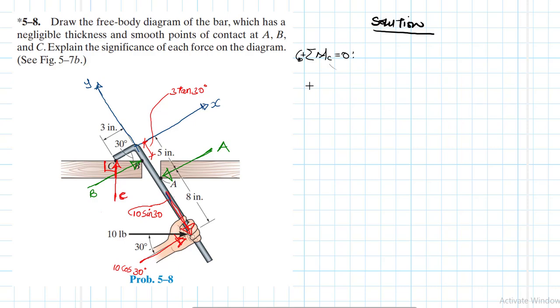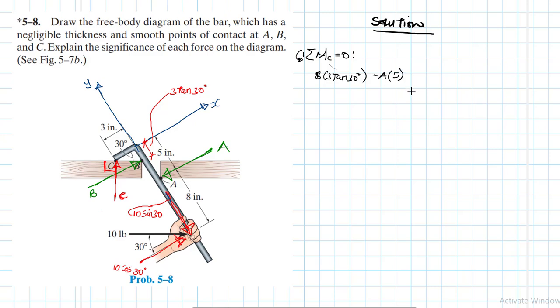About point C, we are going to have a positive B by 3 tan 30. What else? We have a clockwise of minus A by 5.